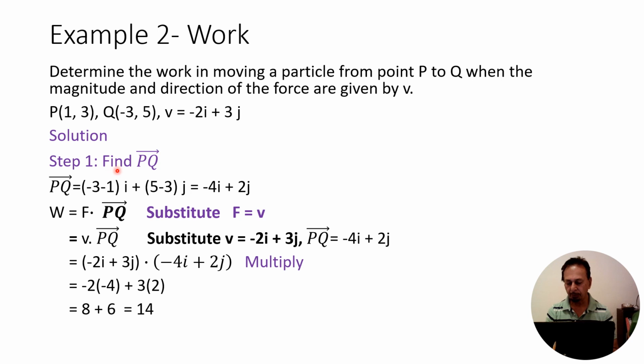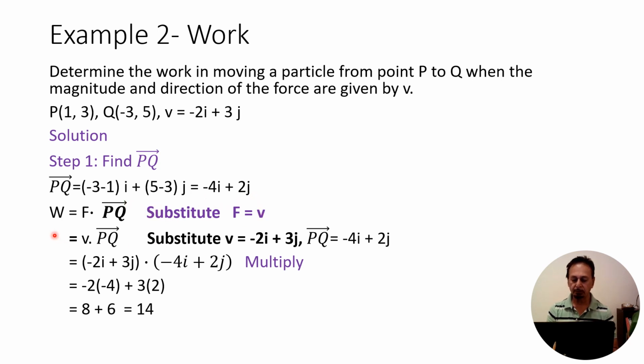So step 1, we find vector PQ by subtracting the coordinates of the initial point from the terminal point. So we'll say -3 minus 1, multiplied by the unit vector i, plus 5 minus 3 multiplied by unit vector j. So this simplifies to -4i and 2j.